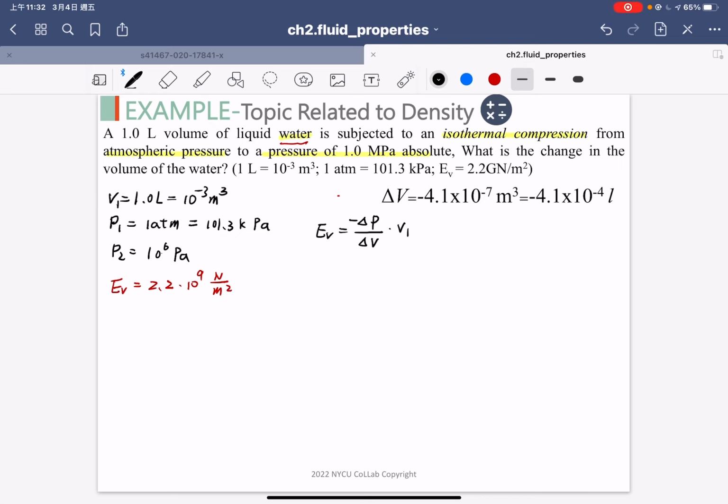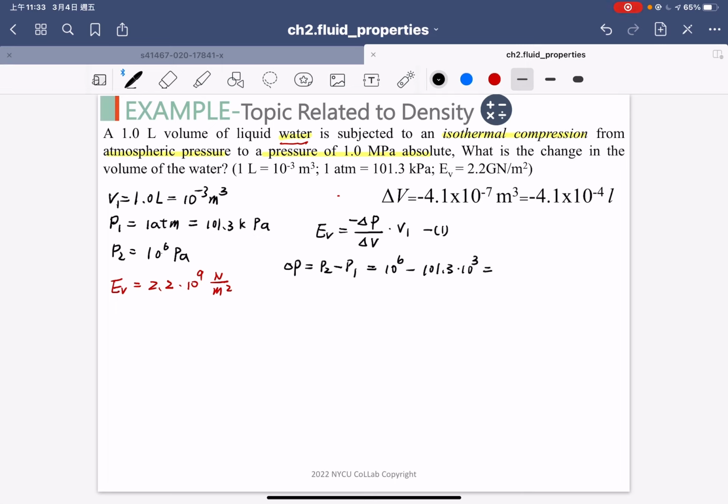So what is delta P? This is our equation 1. We can compute delta P first. Delta P is P2 minus P1. P2 is 1 million Pa minus 101.3 kPa.